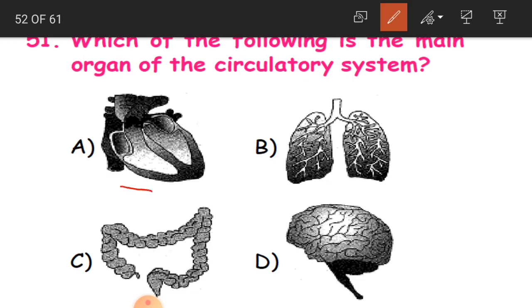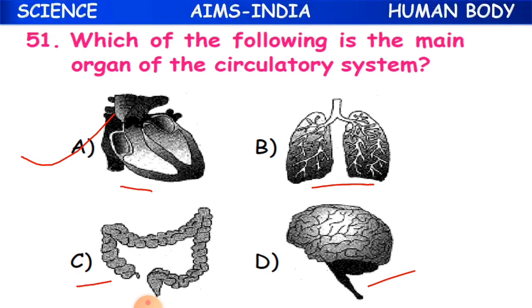Whether it is the heart, lungs, intestine or the brain. Obviously the heart, A option. Why? Because it pumps the blood through blood vessels for the whole body. So that is why the heart is the main organ.